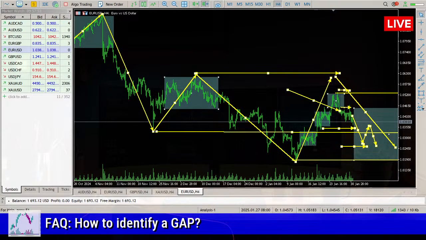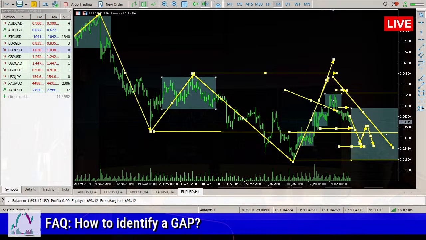For example, if the price already breaks this one and tells you rally base drop, I will be very careful. I will take only a smaller profit here, because this one will be riskier compared to the reversal pattern at this area.